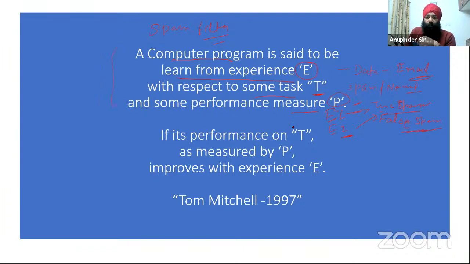So based on this, if I extend this definition, the second part: its performance on task T, that means identification of spam or normal, as measured by P. So we have identified how we measure it, dependent on the number of true spam versus false spam. It improves with experience. So let's say your computer program identified and gave a penalty on this particular E2 email, that even though this email was legitimate, it was marked as spam, so next time whenever you get this email, you should not mark it as spam, right?